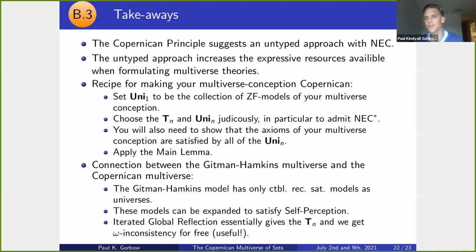As for me, I actually have one question myself, and that is because I don't do hands-on work in the multiverse. I don't work with forcing extensions and inner models and these kind of things. So I'm curious, Vika, for example, about what you think about this self-perception axiom.